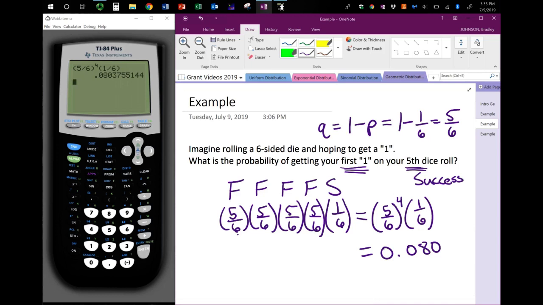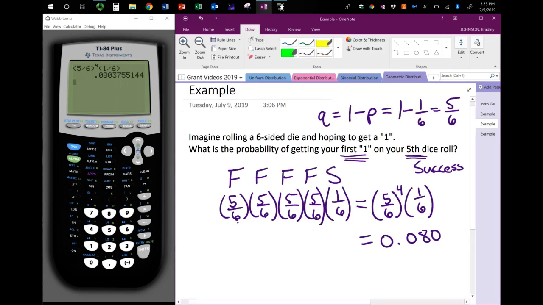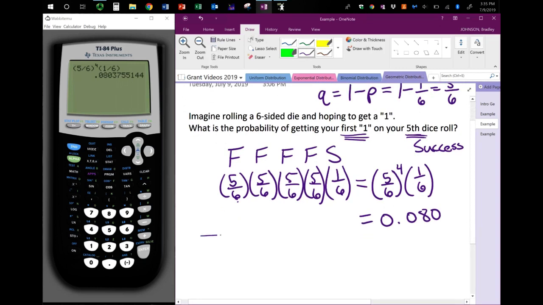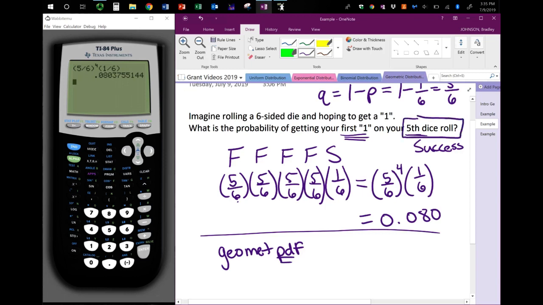Now, there is another way to do this using the calculator, and this can be found using geometpdf in your calculator. Now we're using PDF because it was exactly the 5th roll, okay? Exactly on the 5th roll.